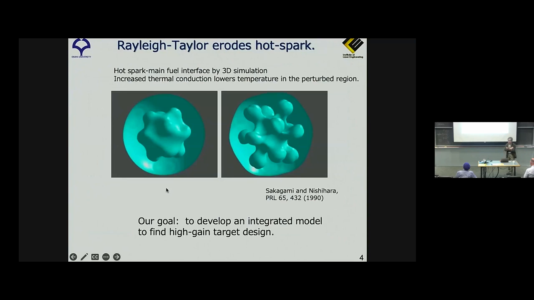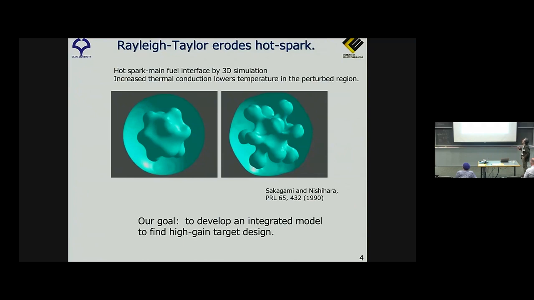At the end of the compression, this shows a 3D computer simulation showing the interface between the hot spark and main fuel. You can see on the left-hand side the spike is falling down into the hot spark, whereas the bubble is flowing up into the main fuel.